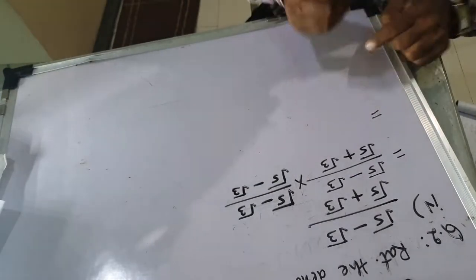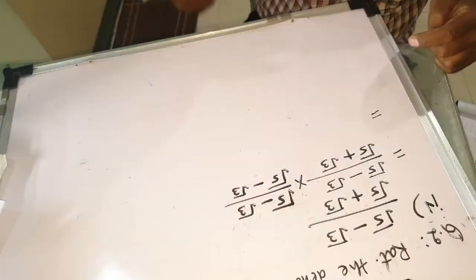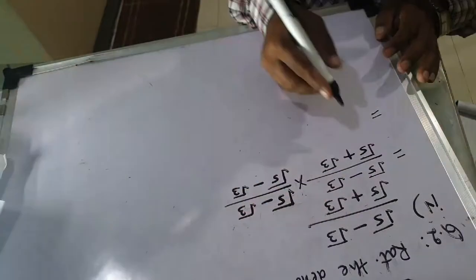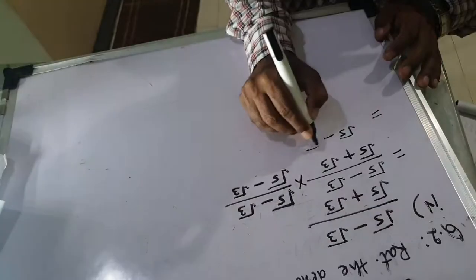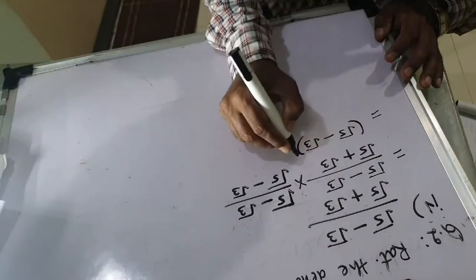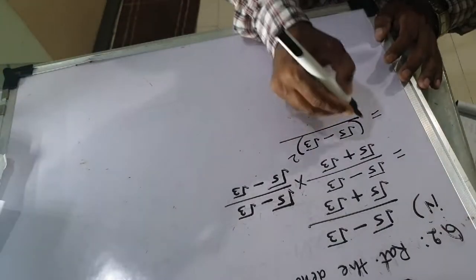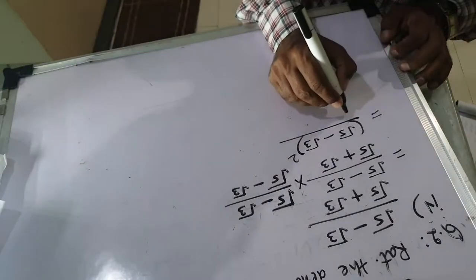Now in the numerator, root 5 minus root 3 into root 5 minus root 3, same into same is same square. So root 5 minus root 3 multiplied twice means it is the bracket square upon. Now here it is a plus b, a minus b, a square minus b square.